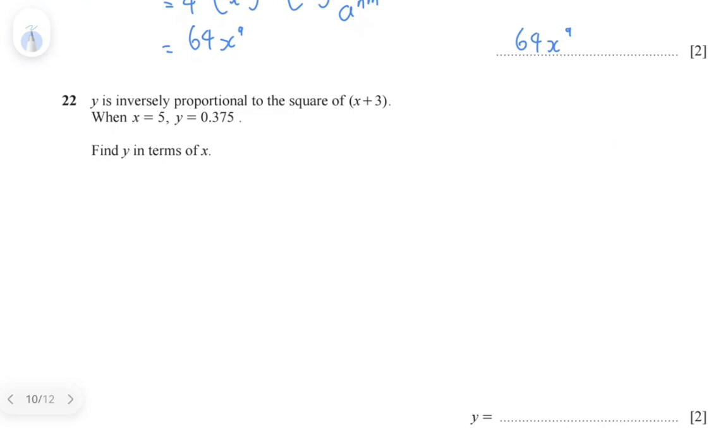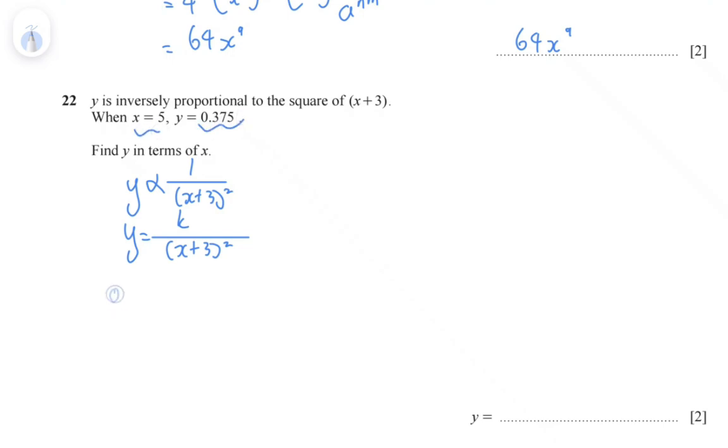Now moving on to question 22, we know that y is inversely proportional to the square of x plus 3. So we know that y is equal to a factor k over x plus 3 squared. Now substituting the given values we know, we have 0.375 equal to k over 5 plus 3 squared.